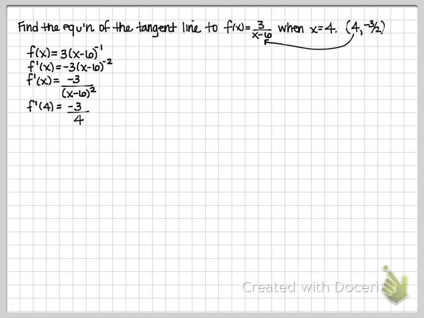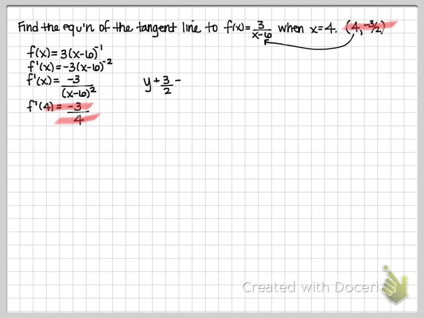All right, so now that we have that, go ahead and highlight what I'm using: my 4, negative 3 halves, and then my f prime is actually going to be negative 3/4. So now I should just be able to pull it together. So the equation of my tangent line at that point is going to be y minus y1. Well, it's negative 3 halves, so let's make it positive 3 halves.